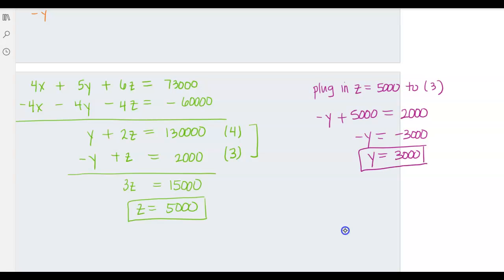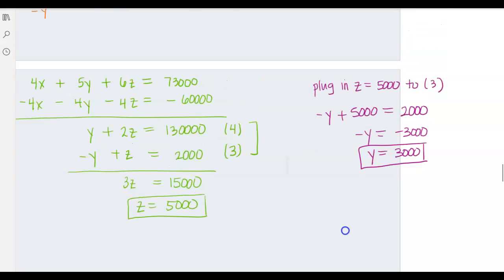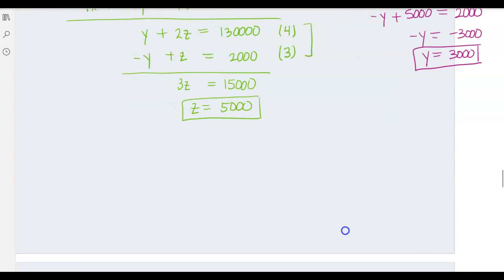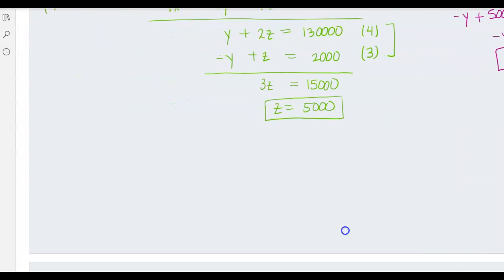And then we'll go back to one of the first equations. Let's just go back to equation 1. That's the easiest. So now we'll plug in y equals 3,000 and z equals 5,000 to equation 1. So we had x plus y plus z equals 15,000.